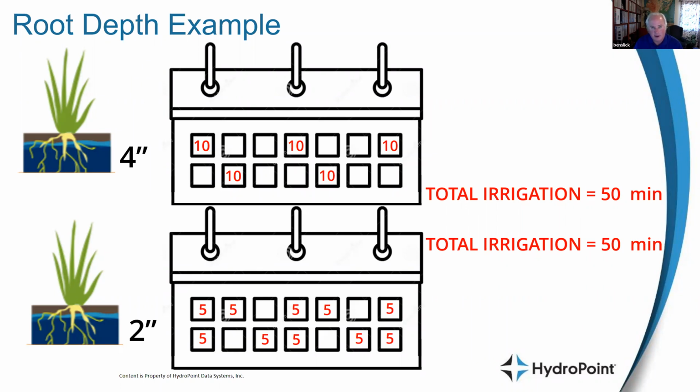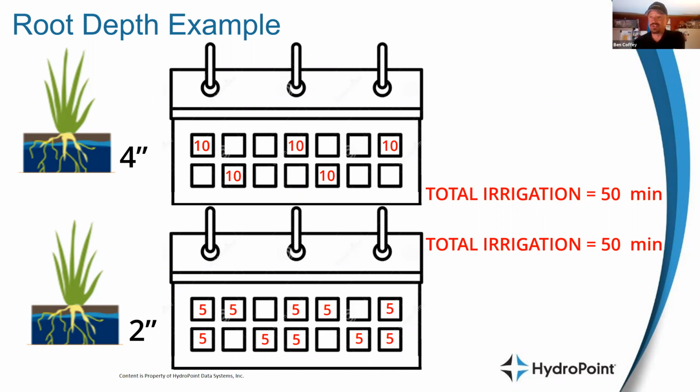You want to train them to find their own way and drive them down. So over time, you might drop that root depth to 3 inches or then to 4 inches. And you can see really healthy turf with roots that are anywhere from 6 to 9 inches deep if you've got well-established turf and soil that will accommodate that level of penetration. So managing the root depth is also a way of ensuring plant health, not just irrigation frequency.